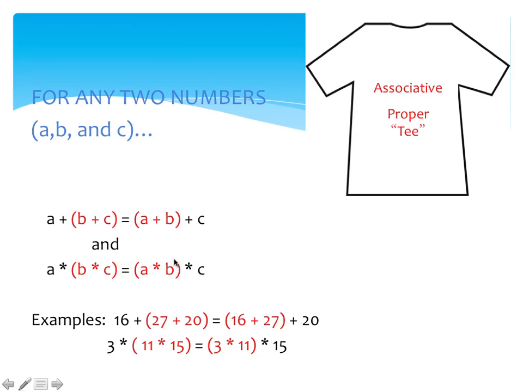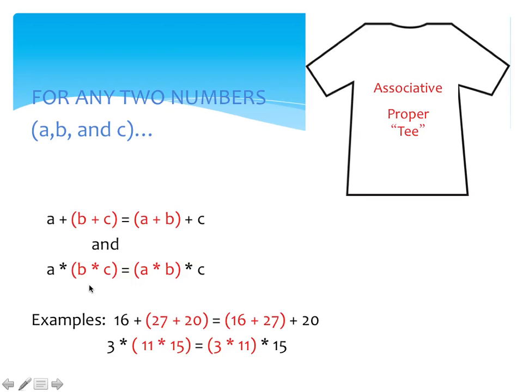All right, and here's an example of the associative property. Notice the parentheses. The numbers stay in the same position, but the parentheses move. So, for example, I have A plus the sum of B plus C, and that equals the sum of A plus B, plus C. Whenever you see parentheses and an addition sign in there, you're going to say the word sum.